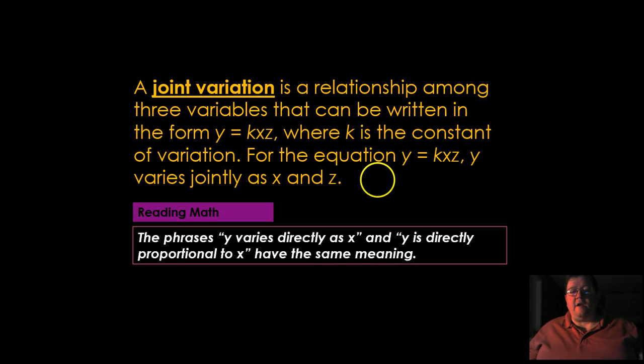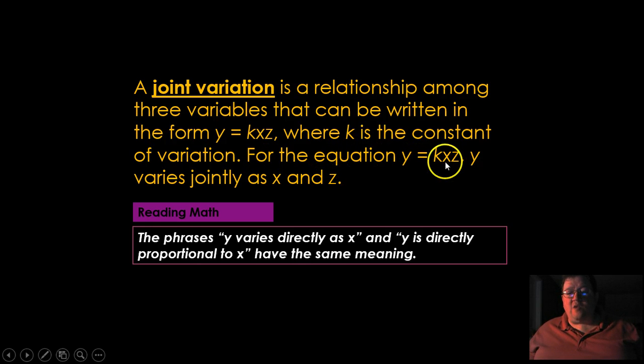All right, here's your third vocabulary term. Joint variation is a relationship among three variables that can be written in the form y equals kxz, where k is the constant of variation. For the equation y equals kxz, y varies jointly as x and z. So that's what you're looking for.